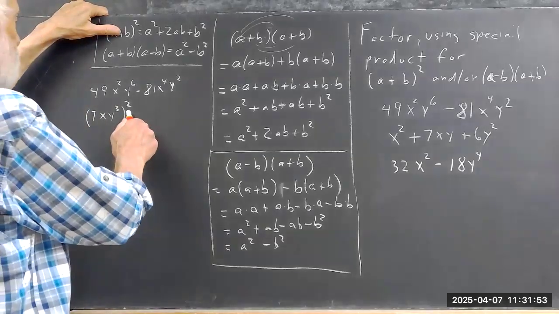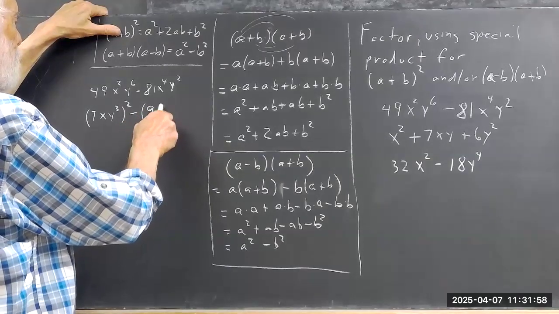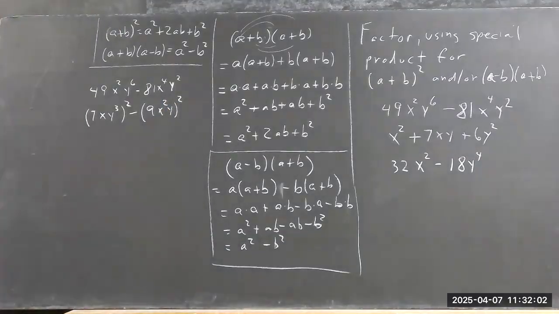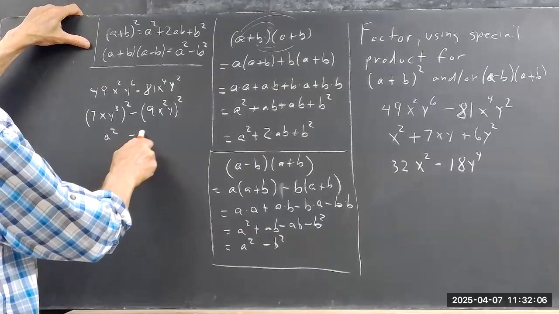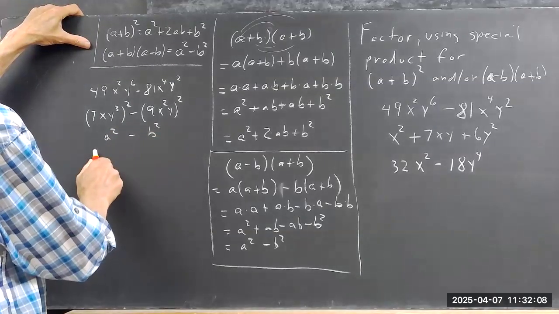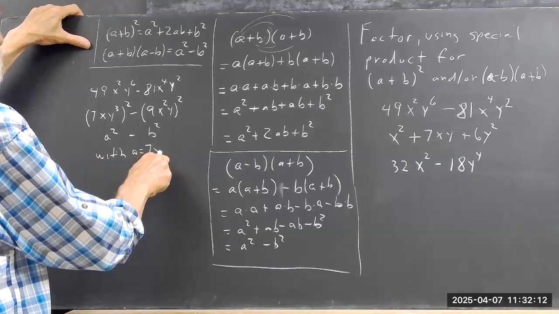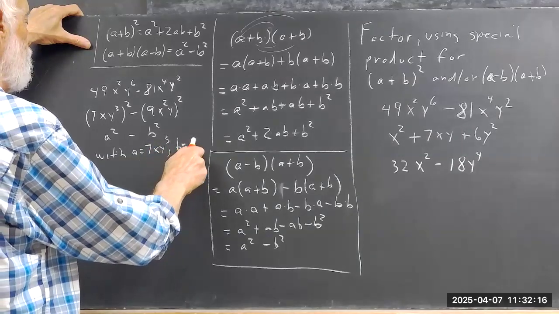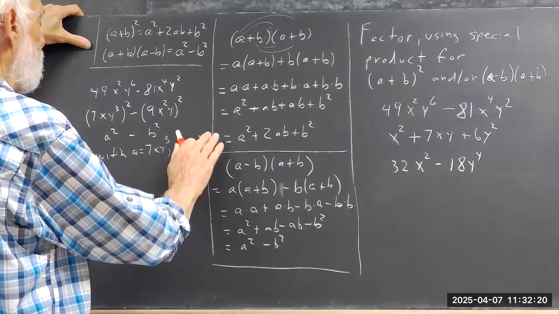Okay. And then over here, you can say, well, that's minus then the quantity 9x squared y, squared. Well, that's a squared minus b squared, with a equals 7xy cubed and b equal 9x squared y.